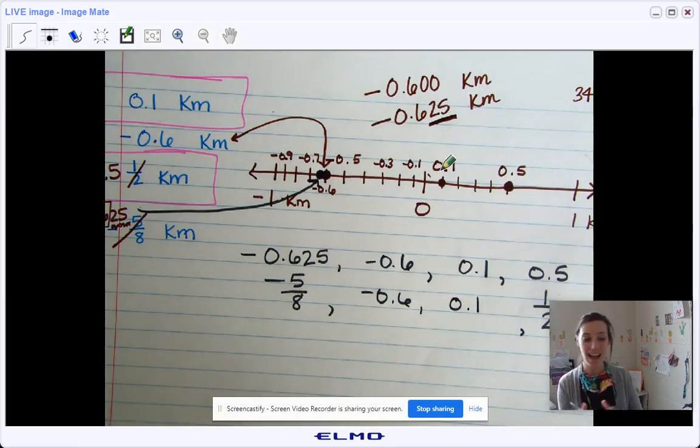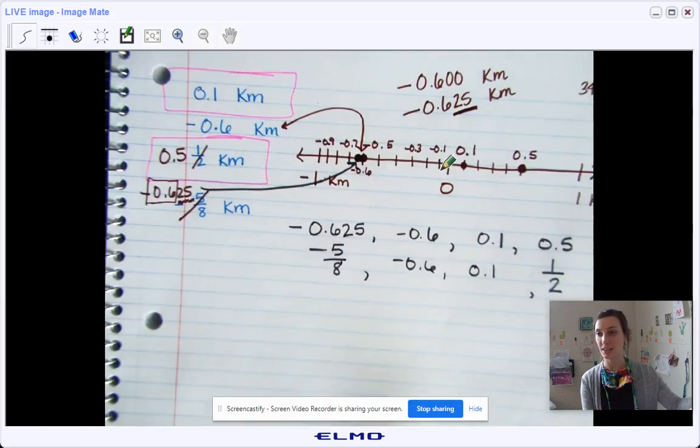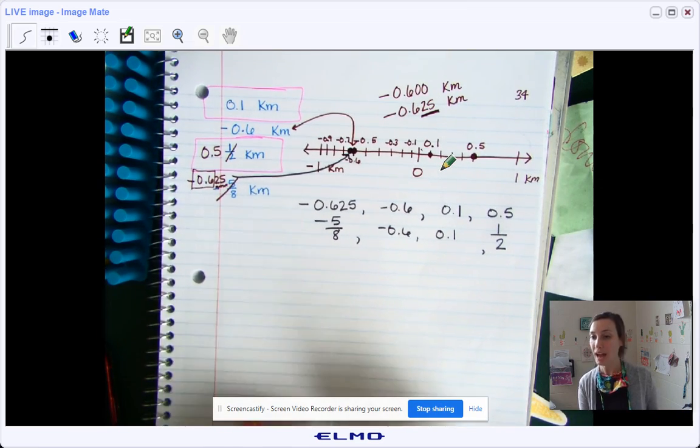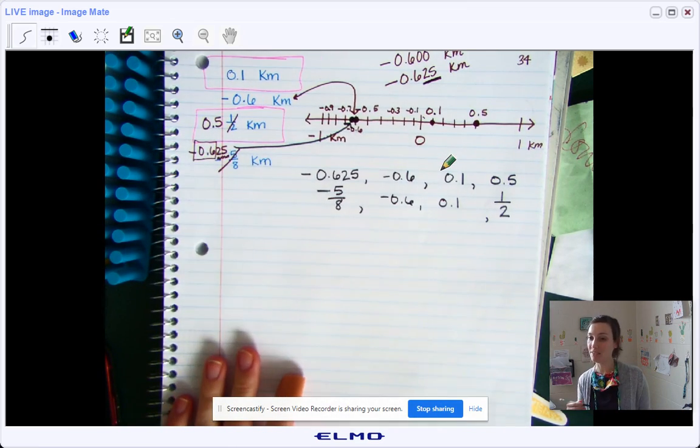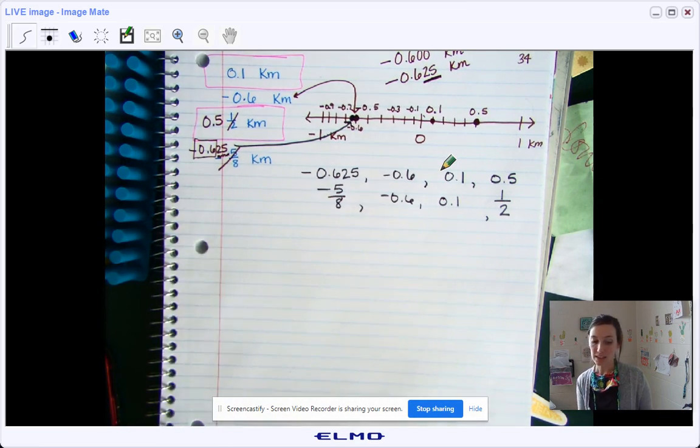Unfortunately, there's not really a shortcut to thinking about this. You have to be making sense of the numbers and thinking about what you are moving toward, or what you are moving away from.